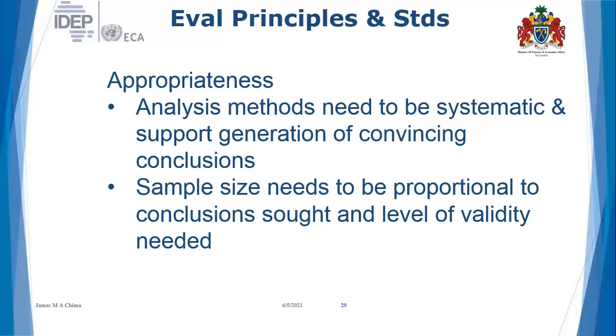Again, representativeness is very central in terms of appropriateness. The sample size from which the data has been drawn needs to be proportional to the conclusions that are going to be sought, as well as the level of validity that is needed.